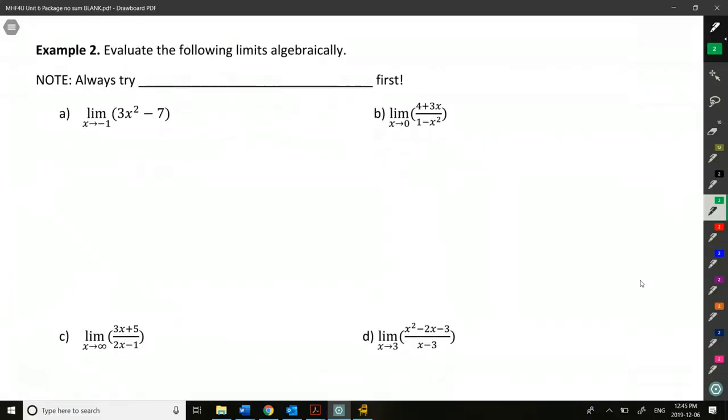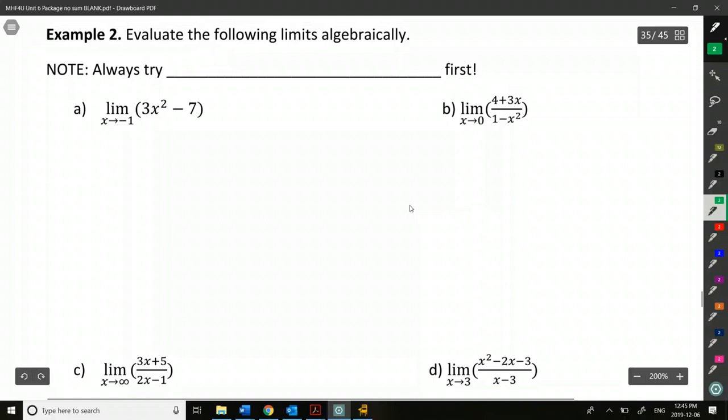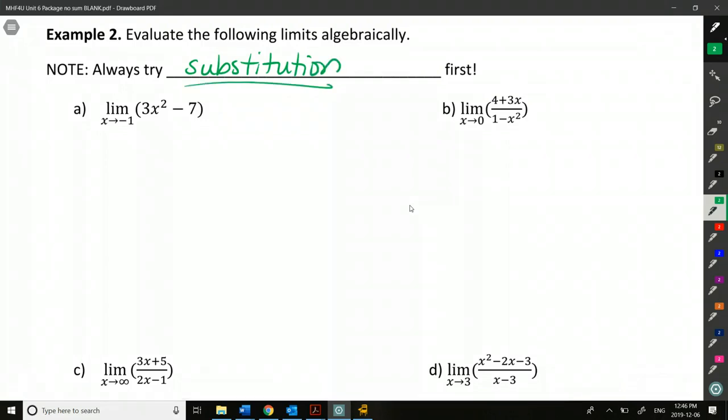So there's graphs for you. We can also evaluate limits of functions. When we evaluate limits of functions, we are always going to try substitution first. You guys know when we were doing our Newton quotient, we had the limit as h approaches 0, and eventually in our Newton quotient calculations, we actually subbed in 0 for h, right?